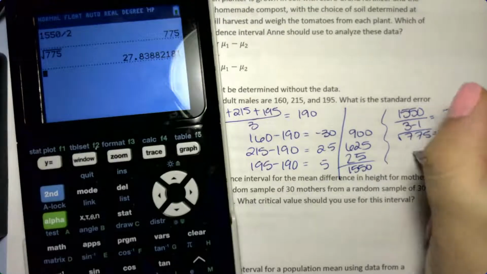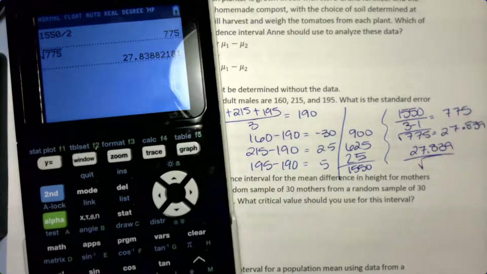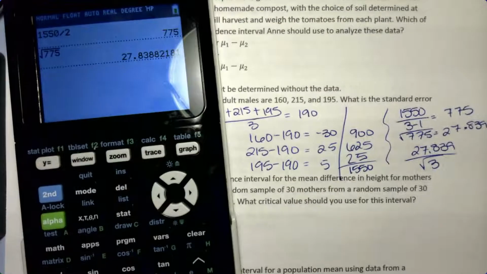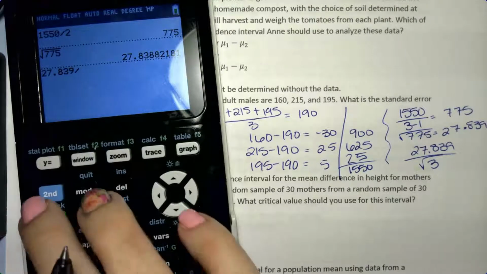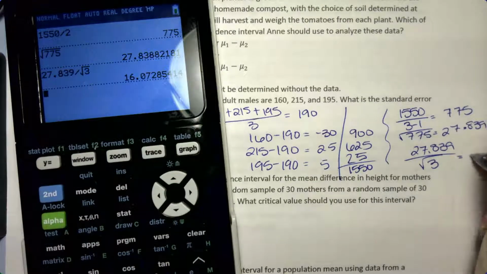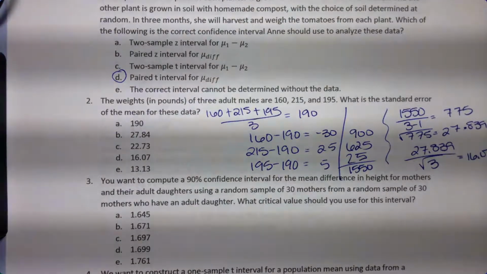So that is taking that standard deviation I just found, the 27.839, dividing by the square root of my sample size. There was 3. Which gives me 16.07, which is answer D.